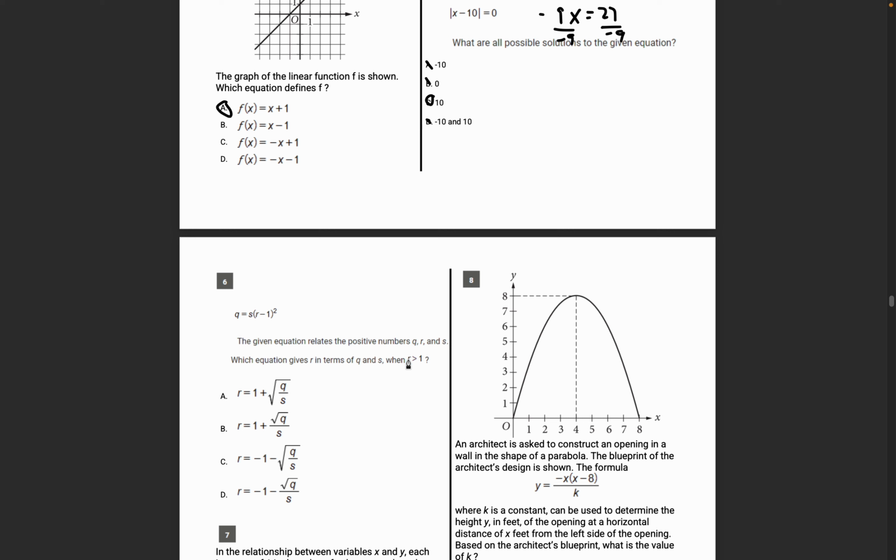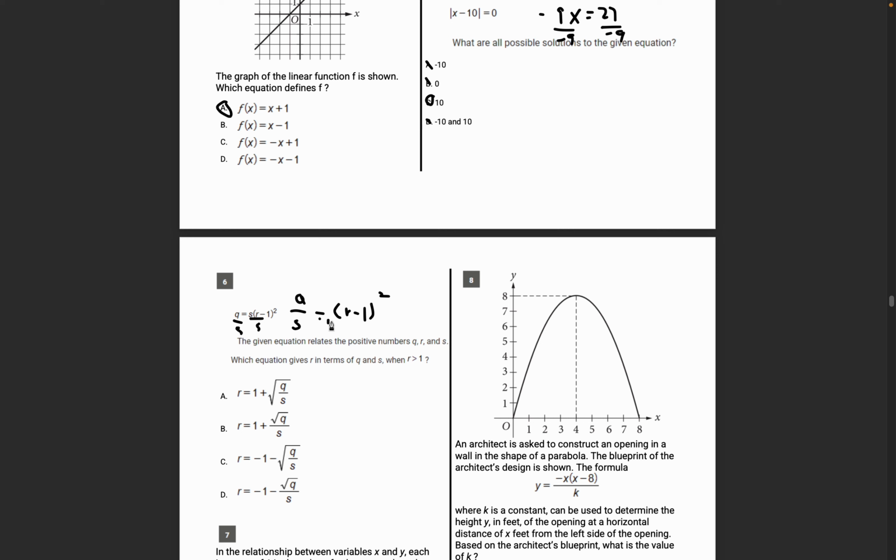The given equation relates q, r, and s. Which equation gives r in terms of q and s? Okay, solve for r, right? Let's divide both sides by s. Q over s equals r minus 1, squared.